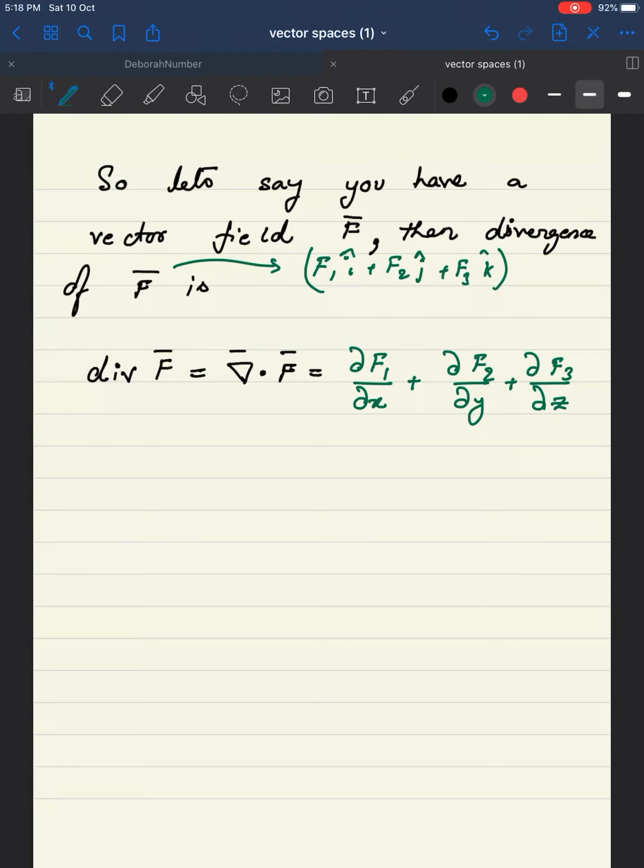And this quantity now is a scalar quantity.